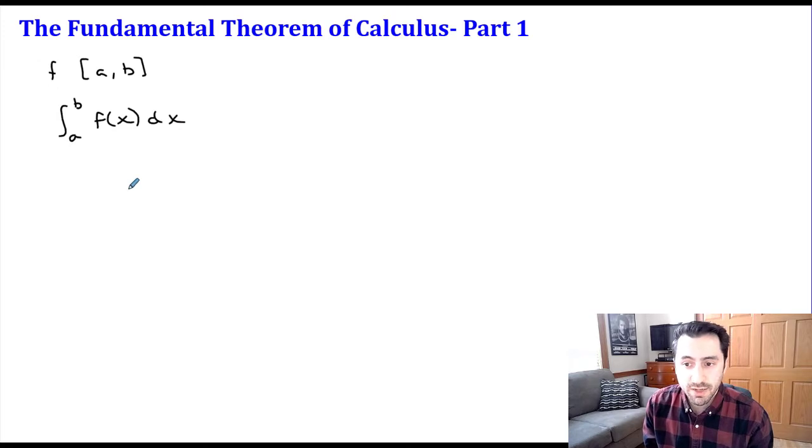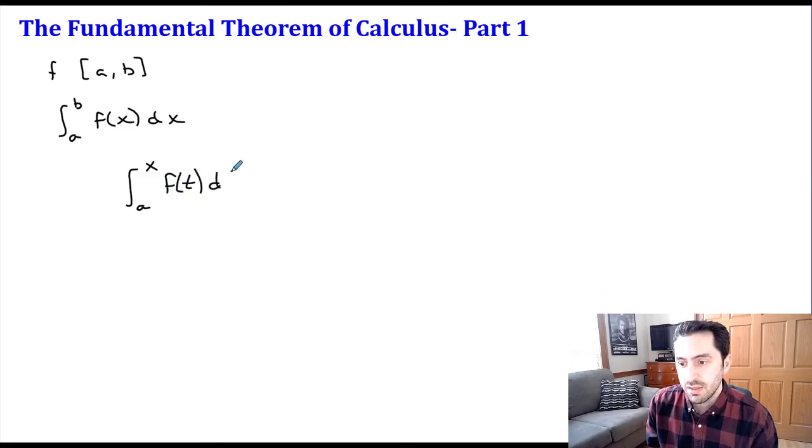Well, now let's say we want to rewrite that a little bit. So let's pick out a number x within our interval a to b. And let's take a look at the integral from a to that number x. Now I can't use f of x here, so I'm going to do f of t dt. So now I'm going from a to another x value that is within that interval from a to b.